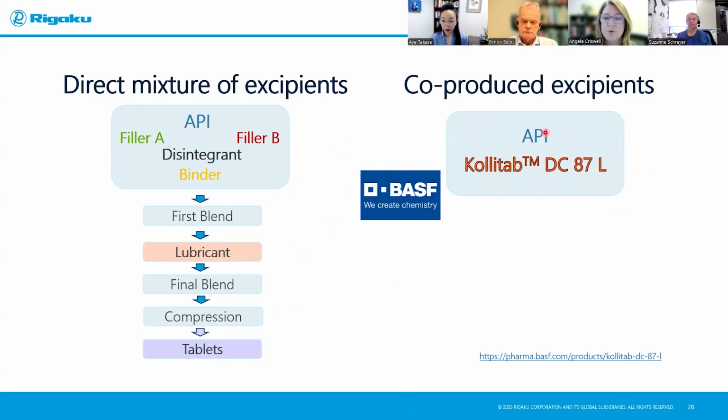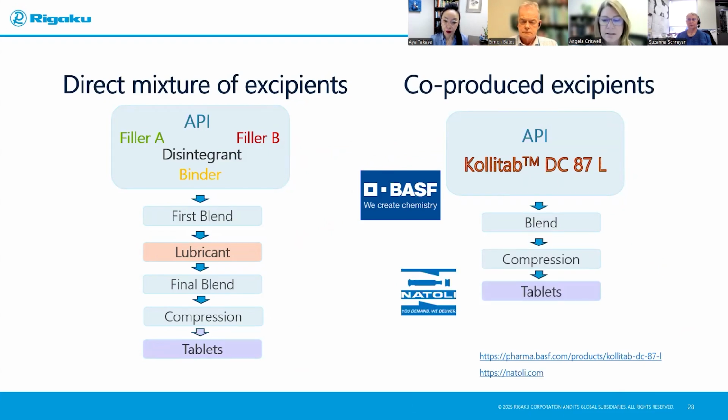And you mix this directly with your active pharmaceutical ingredient to produce a blend. And from there, you directly compress into tablets. So what we did is we worked with BASF and a company called Natoli, and we looked at both the mixtures of each as well as tablets produced from each of these mixtures.